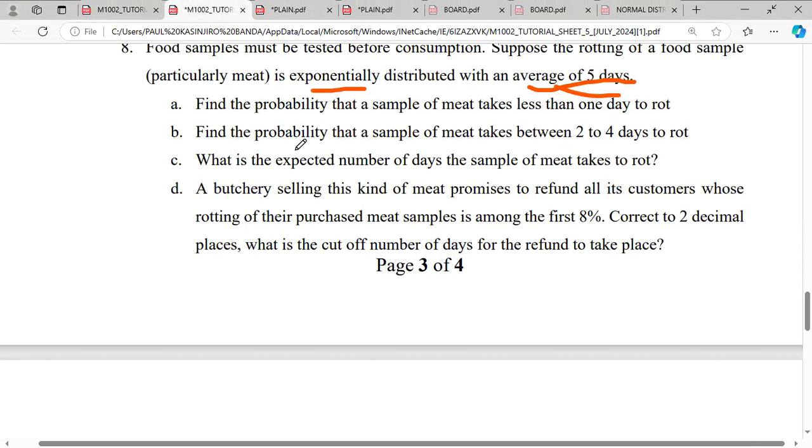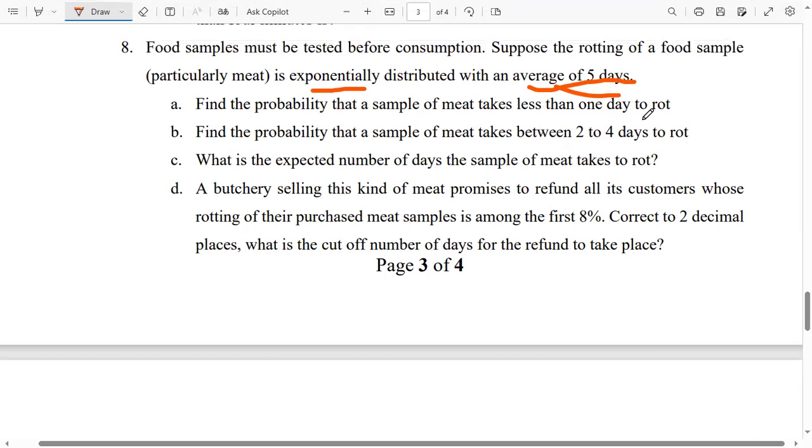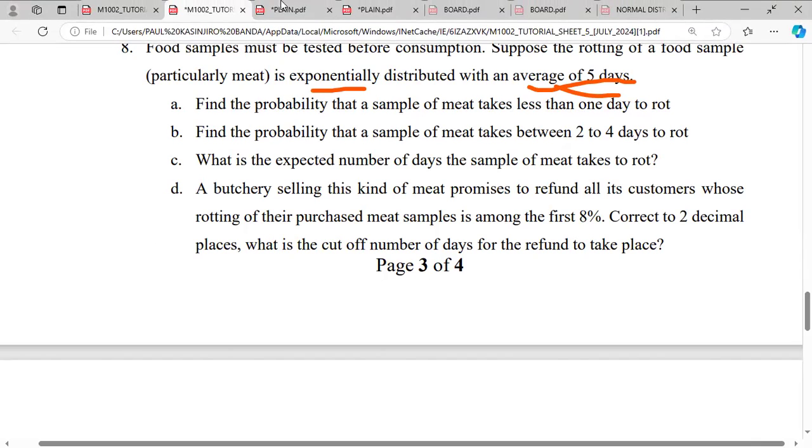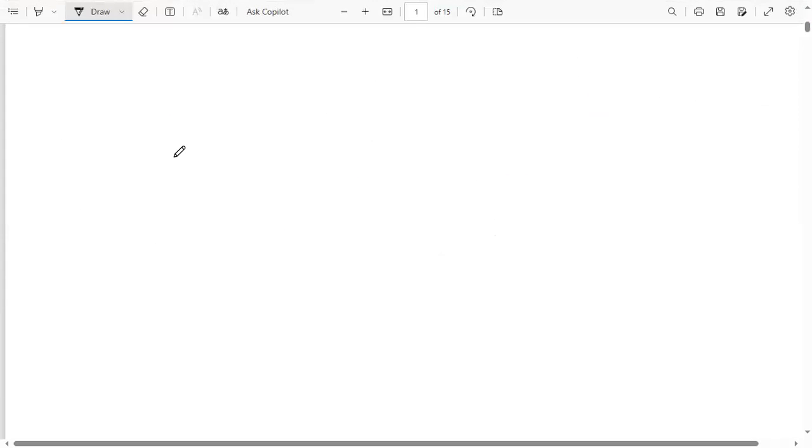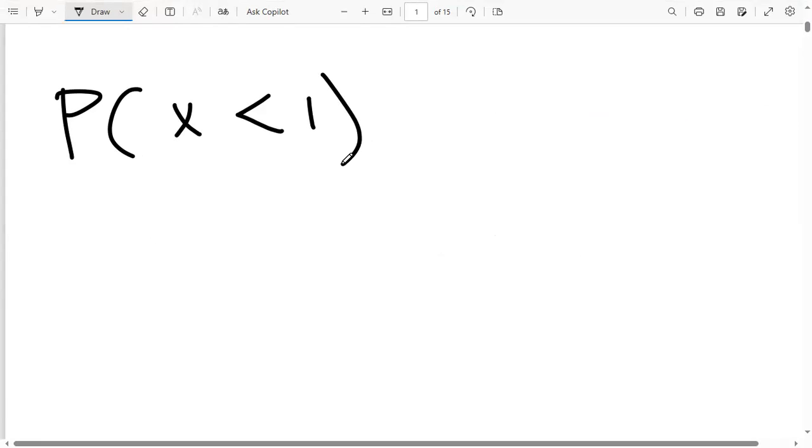The first question here is find the probability that a sample of meat takes less than 1 day to rot. So we are finding the probability that x is less than 1.